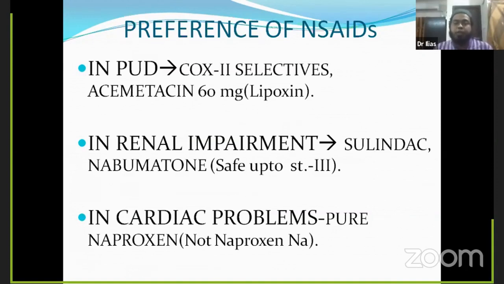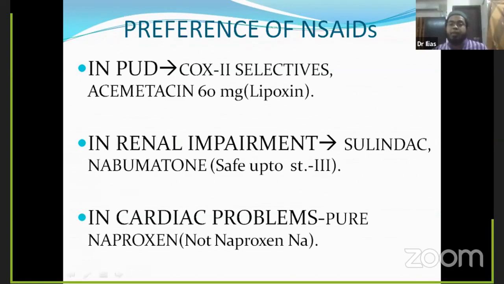So we'll be having some problems in prescribing the drugs, because we know from our background knowledge of pharmacology that NSAIDs will cause bleeding or ulceration in the gastric mucosa. So in prescribing NSAIDs for patients with pain along with peptic ulcer disease, we must be choosy.